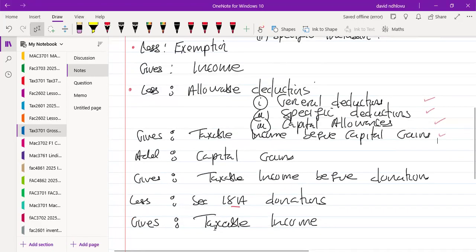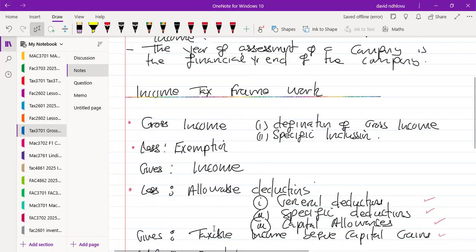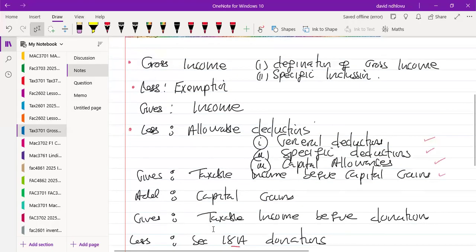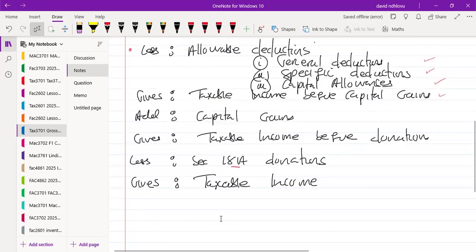Or they will say, in order to calculate taxable income, you add capital gain or you subtract, true or false. So you need to master the framework as it is for your multiple choice questions. If you're doing 2601, you get a lot of questions. They normally give you 50 questions for an assignment. Maybe 5 of them will come from this.